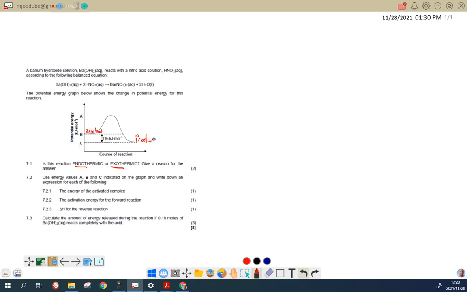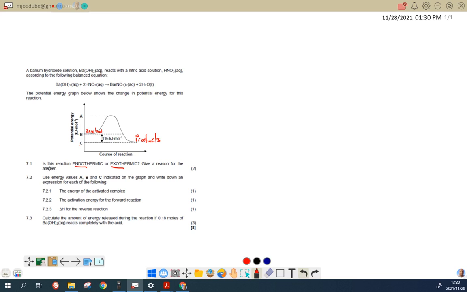So immediately you can tell that this is an exothermic process, because if you were to calculate the delta H of the reaction, you would have a delta H which is negative, showing that the energy content of the products is less than the energy content of the reactants.